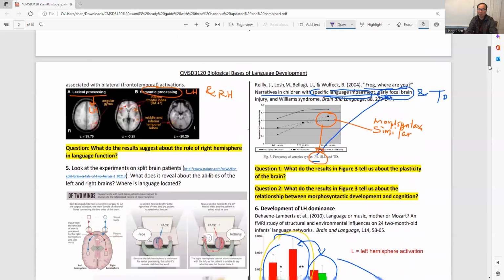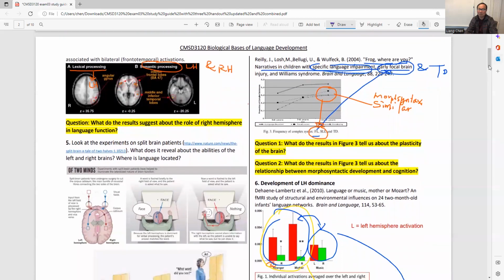Okay, let's look at neuroplasticity. So this figure, we will see probably several figures like this. Make sure that you read this carefully. These are the frequencies of complex syntax produced by children from three groups: early focal lesion, specific language impairment, and typically developing children.